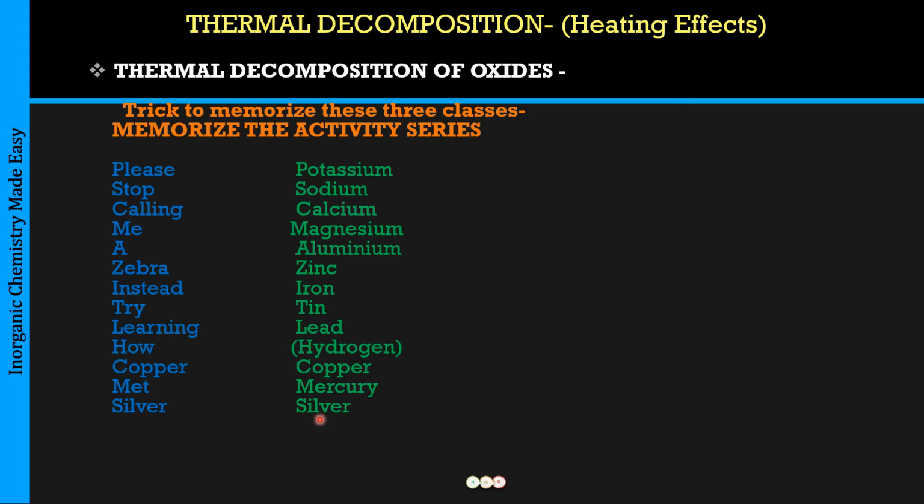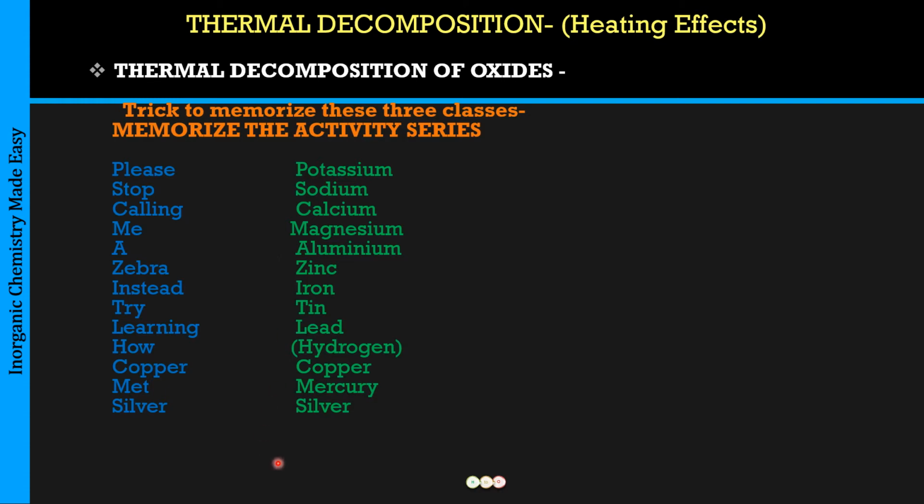The reactivity of the metals decreases. That is what you have learned. Then you must have learned some mnemonic also to remember that activity series. I have also put one over here, but whatever mnemonic you have learned, I am perfectly fine with that. What I want is that you know this activity series.